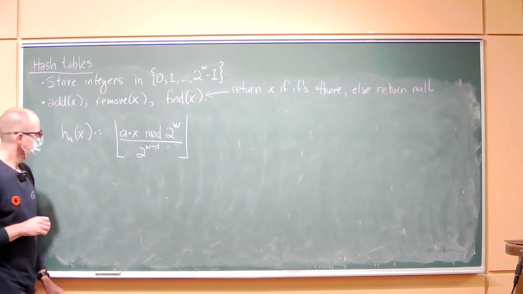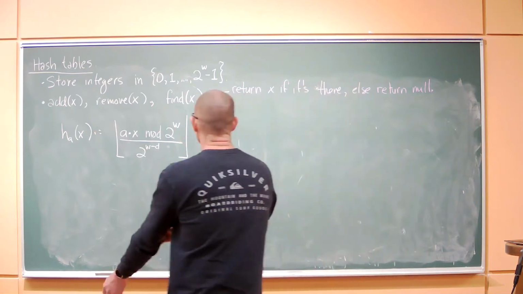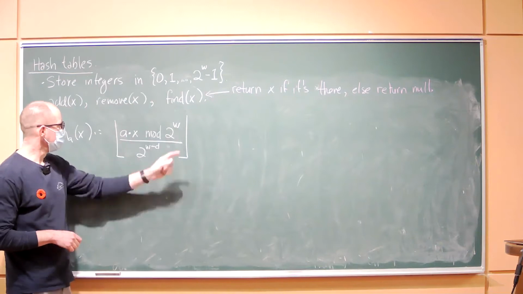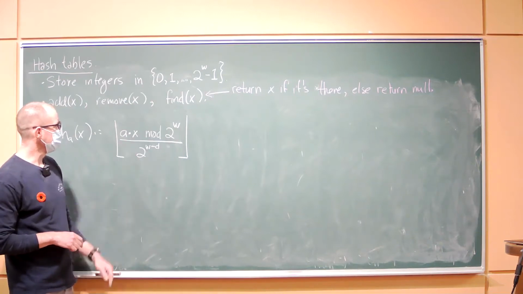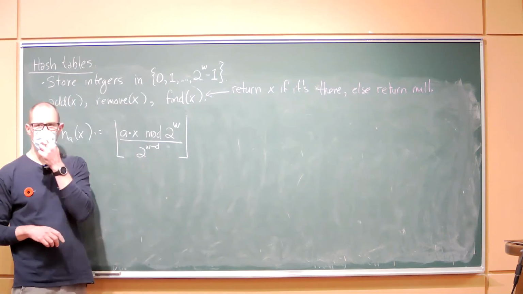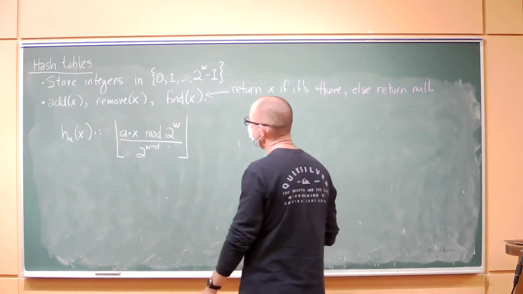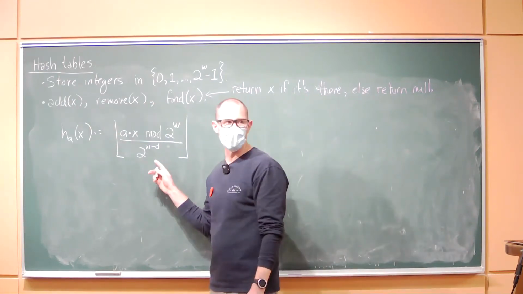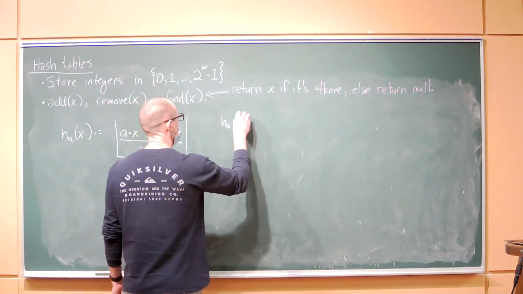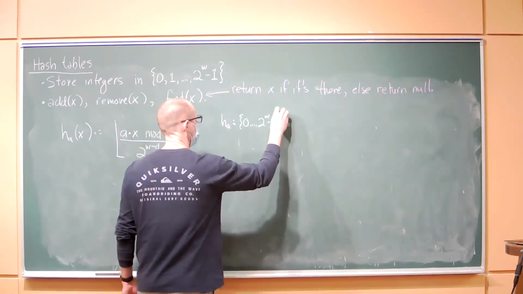All right. So what about this thing? Well, the top part, the numerator, is in the range 0 to 2 to the w, but then you divide by 2 to the w minus d, which actually means that the result that you get is in the range 0 up to 2 to the d. Okay. So h_a goes from 0 up to 2 to the w minus 1.